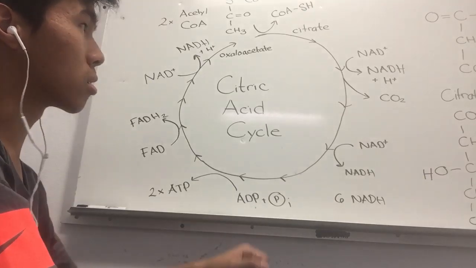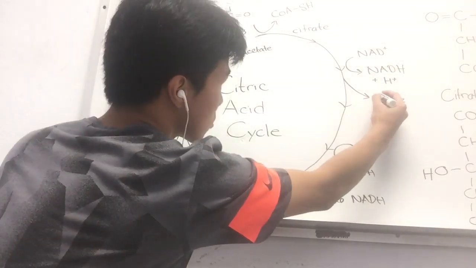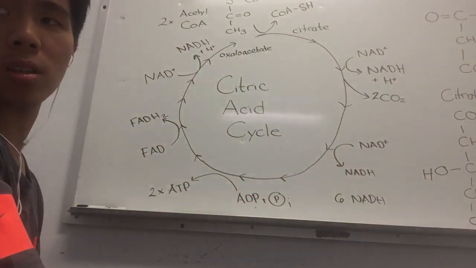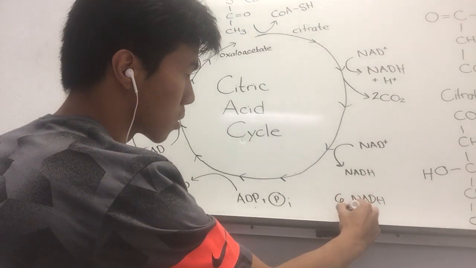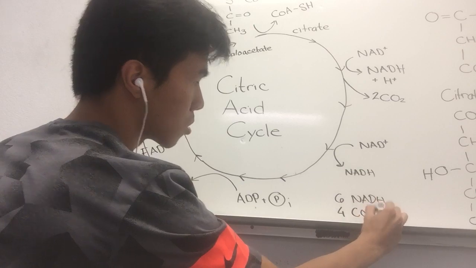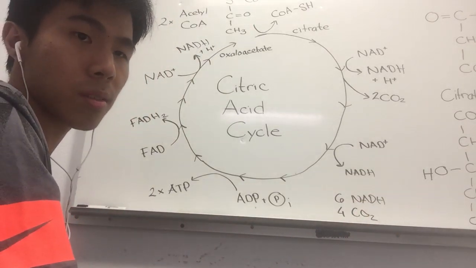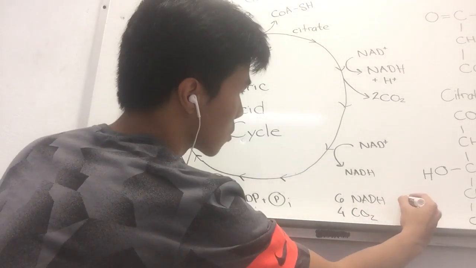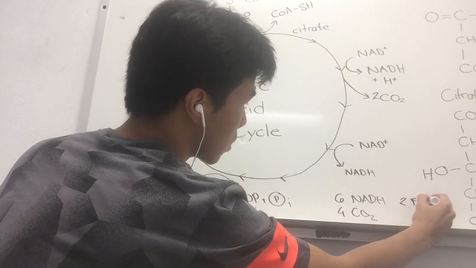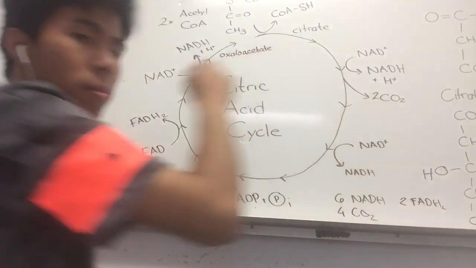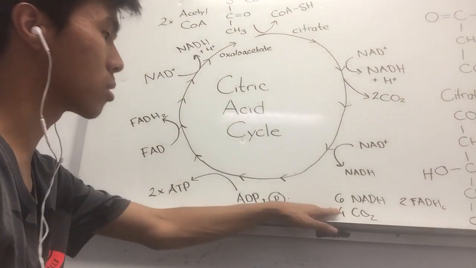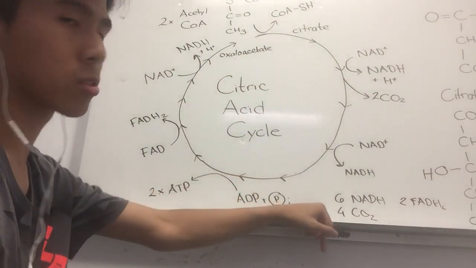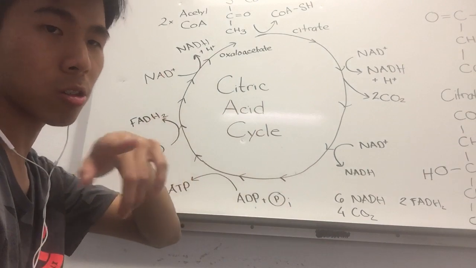There are also 2 CO2 formed, so there will be 4 CO2 in 2 cycles. And finally, there are also 2 FADH2. These numbers are what's produced for one glucose molecule.